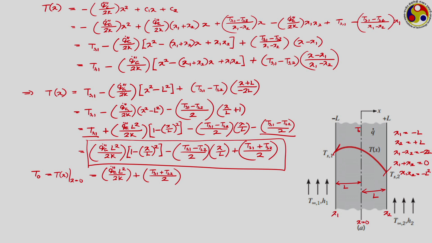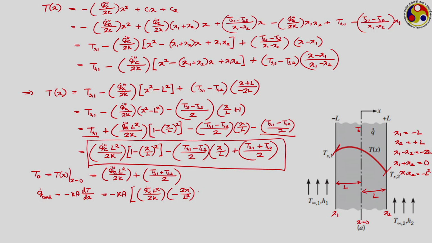And if our interest is to calculate the rate of heat transfer through this, then what will it be? Q dot conduction will be equal to minus k A dT dx. So, we can write minus k A into differentiating this one with respect to x, we have Q dot triple prime L square by twice k into differentiating the next term, it remains minus 2x upon L square, which corresponds to the first term.